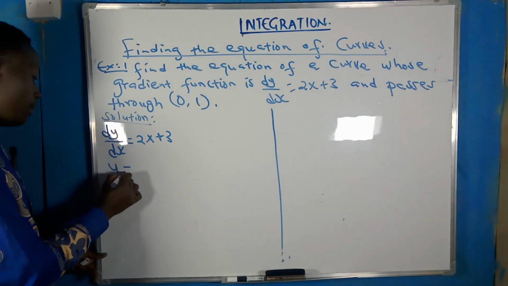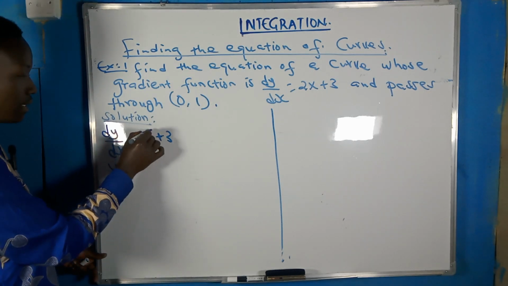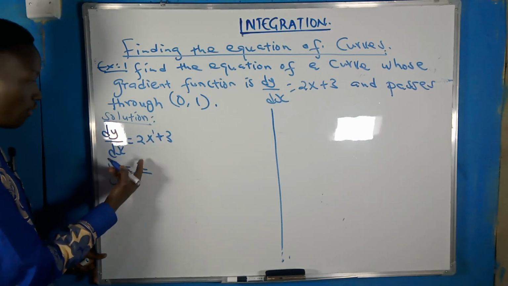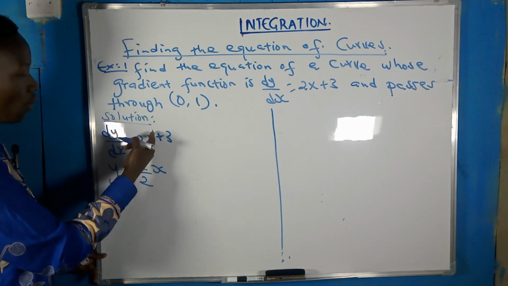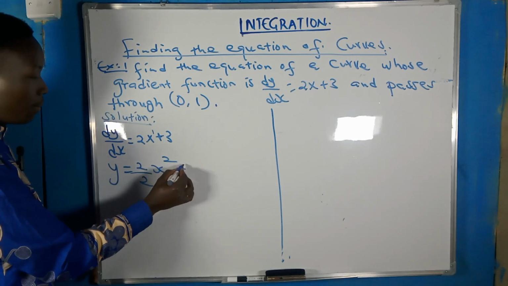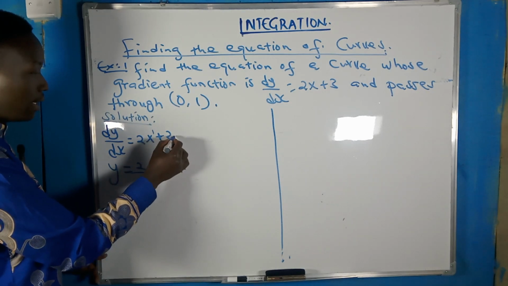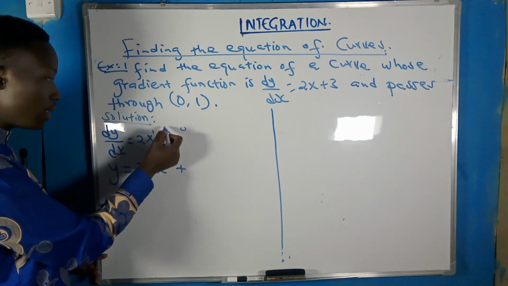So y will be, how are we integrating? This is x to power 1. So it will be 2 over 1 plus 1 is 2, x squared, plus this one will be, this is the same as 3x to the power 0.